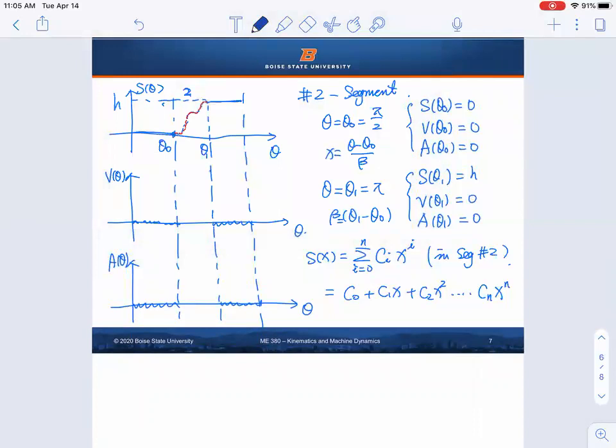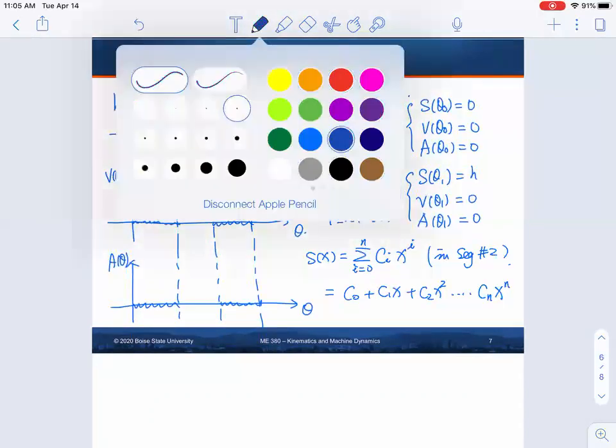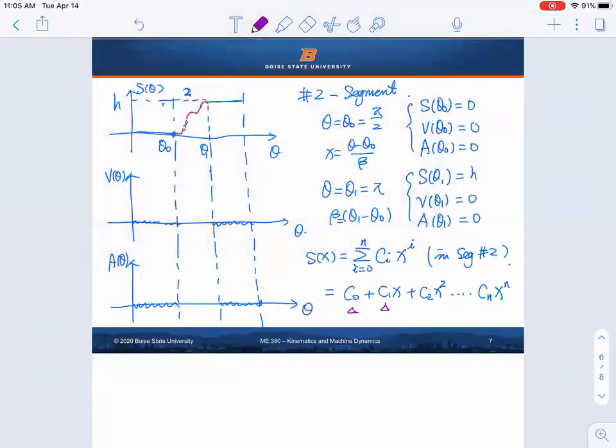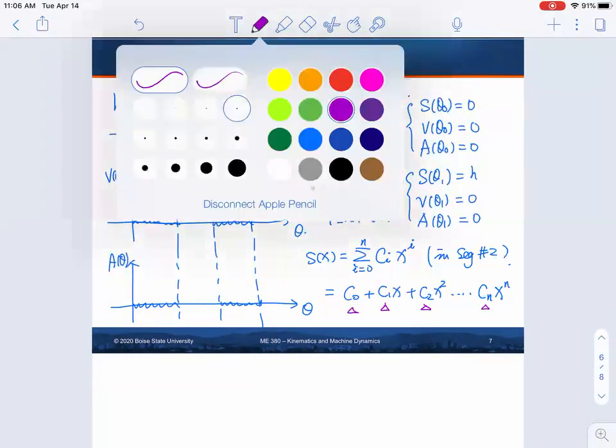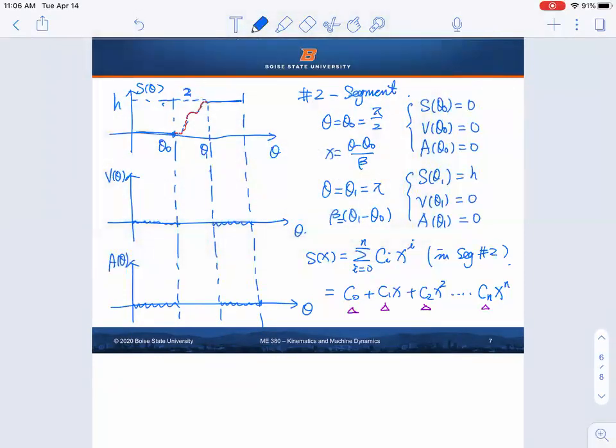In order to find this polynomial, we just need to find all the coefficients, C naught all the way to Cn. But then how many C's should we assume? That's the next question: what that n number should be.